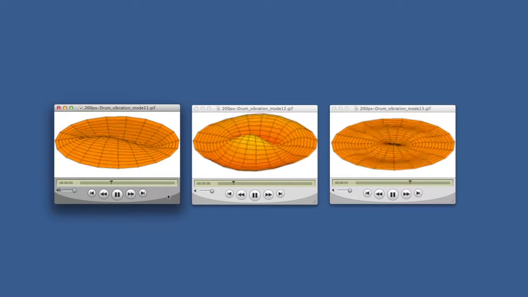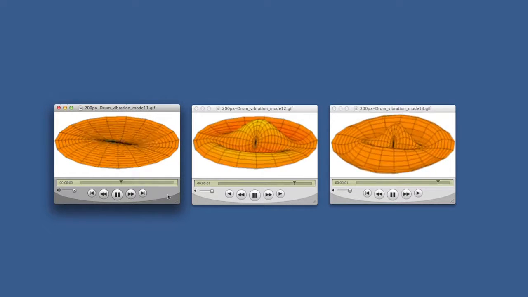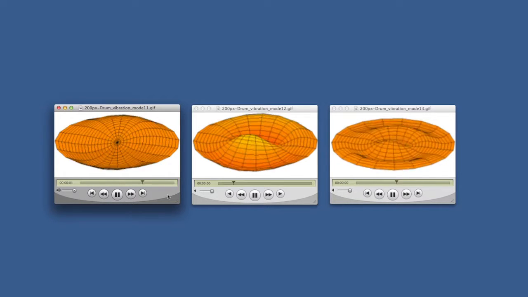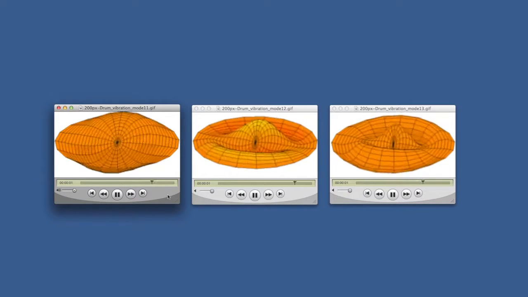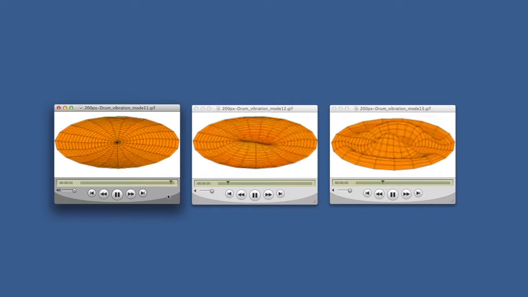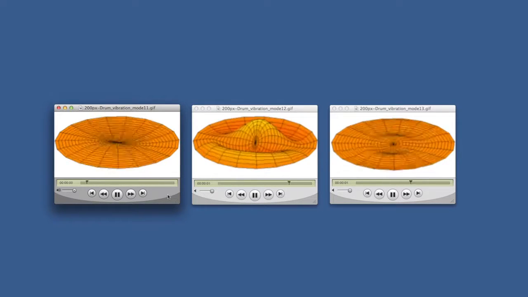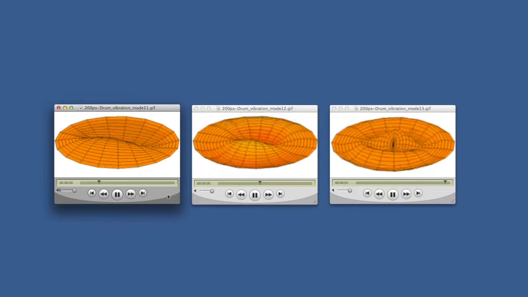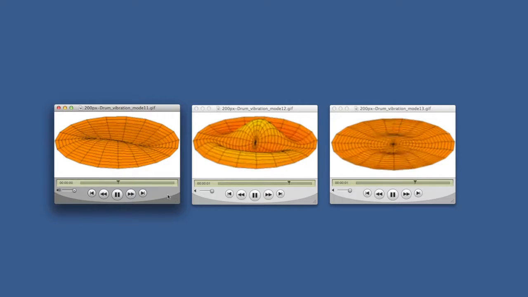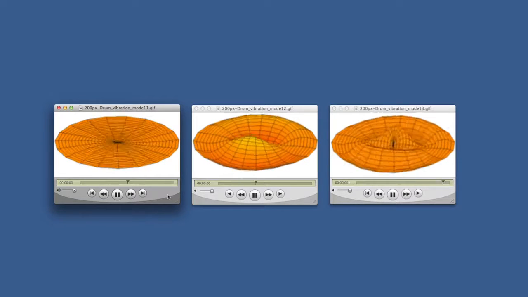So that's the pattern at any time. If we take a snapshot and look at the variation going around the azimuth, that is the variation that we would have, and that's associated with the sine m theta variation that we have, and so m is an integer, and that integer here is 1 for these modes.